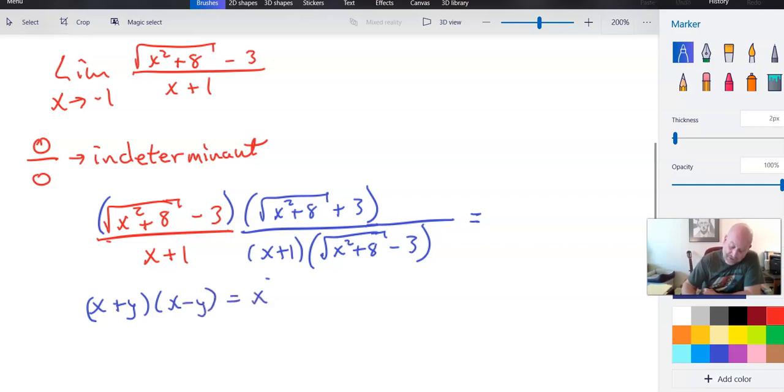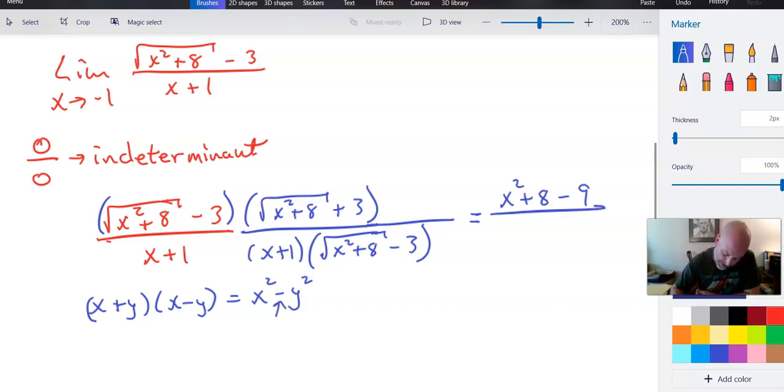So really all I have to do is square the first term and subtract the square of the second term when I'm computing these things. So squaring the first term gives me x squared plus 8. Squaring the second term gives me minus 9. Well, it's always minus between, right, because of that. And then I'm just going to leave x plus 1 and square root of x squared plus 8. Oops, that should be plus 3.